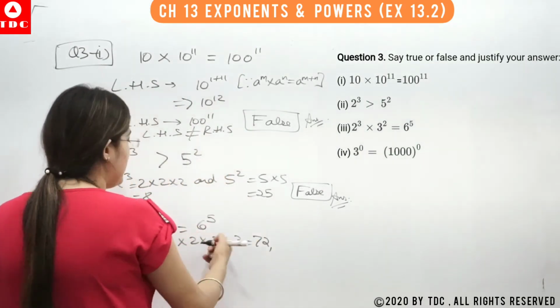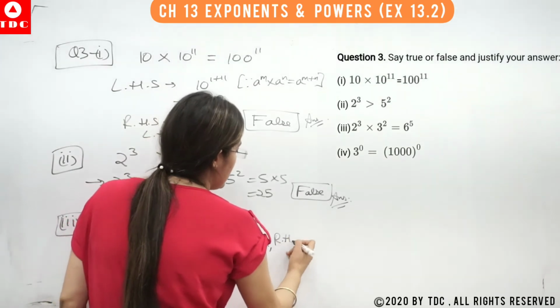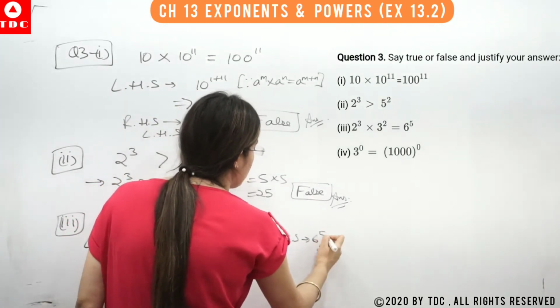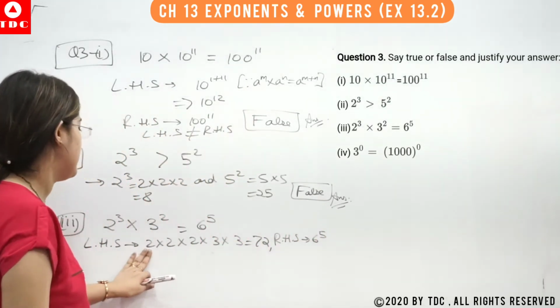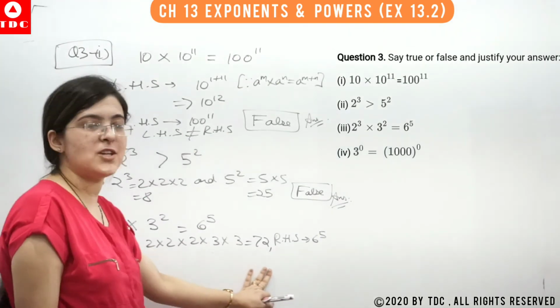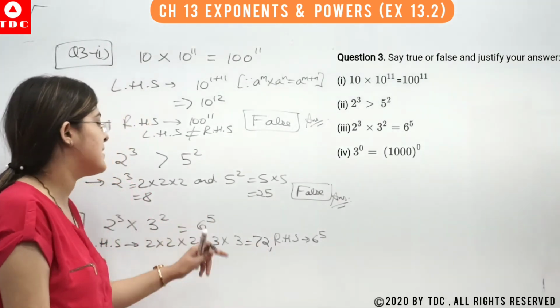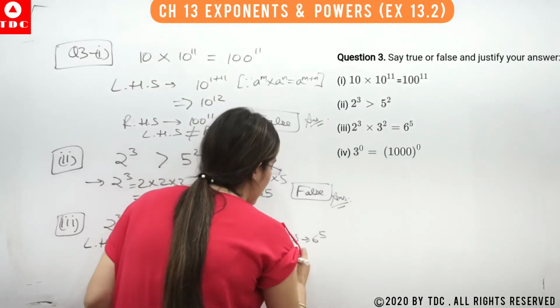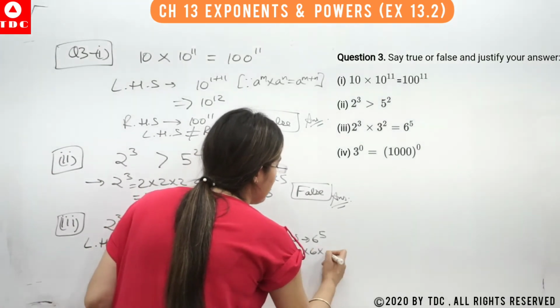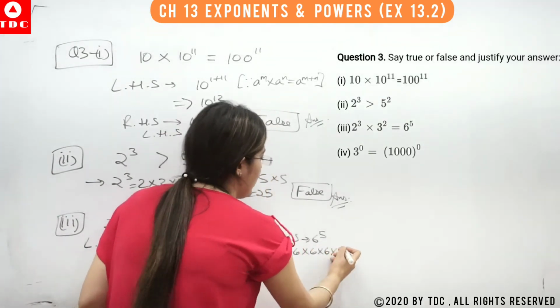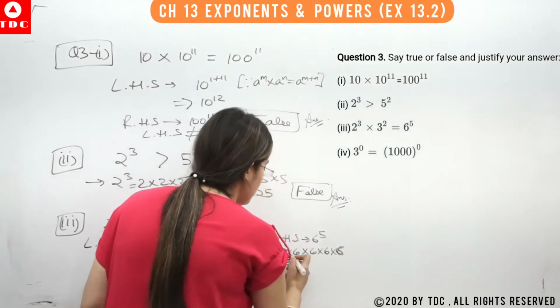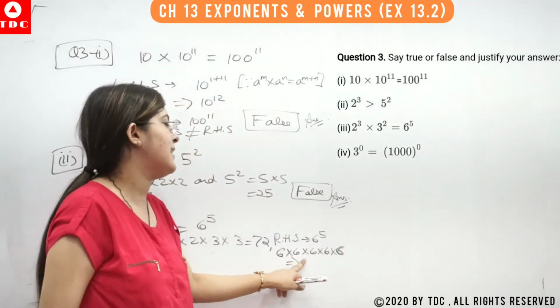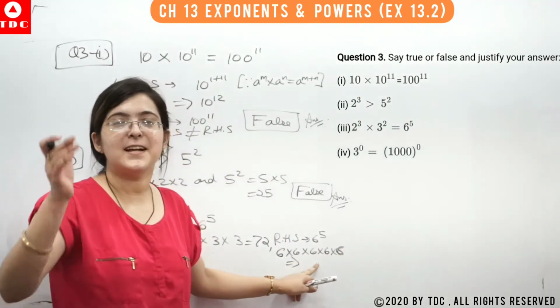And what will be your RHS? Your RHS will be 6 to the power 5. That means when 6 is multiplied 5 times, what will you get? 6 6s are 36, 36 6s are 216.